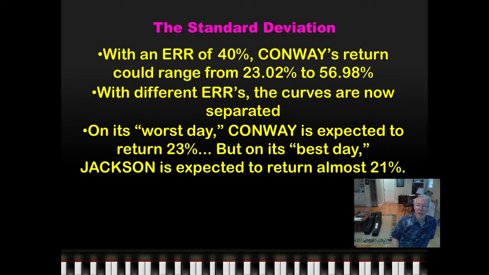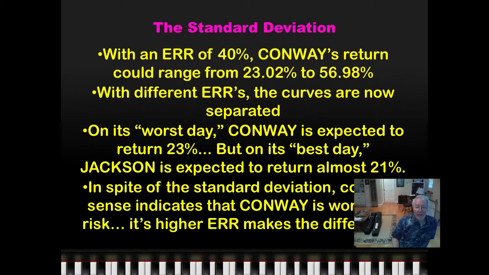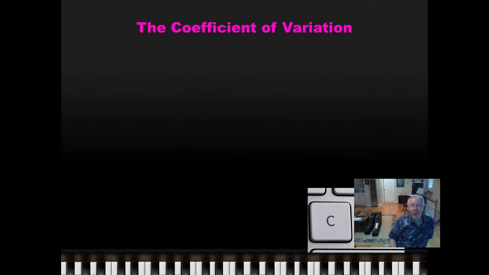The curves are separated on the x-axis. So even though Conway has a higher standard deviation still, we need to throw the rule of standard deviations out and apply a second test. Common sense says Conway's worth the risk. Its higher ERR makes the difference. On Conway's worst day, it'll make more than Jackson on their best day.